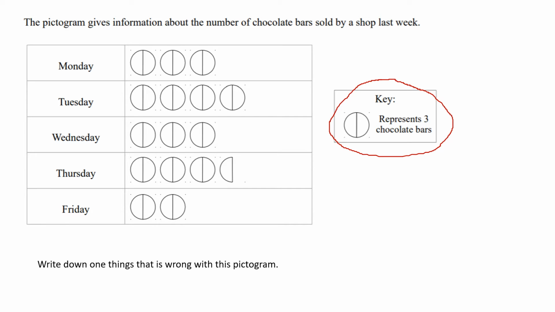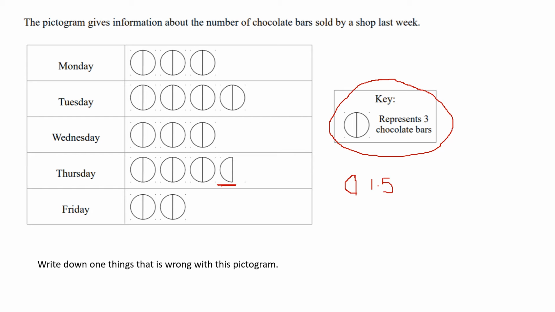Everything's absolutely fine until we have a look at Thursday, because in Thursday we've got half a circle. If a whole circle represents 3 chocolate bars, then half of a circle has got to represent 1.5 chocolate bars, and that's not possible. You can't go into a shop and buy half a chocolate bar. So that's what's wrong with the pictogram.